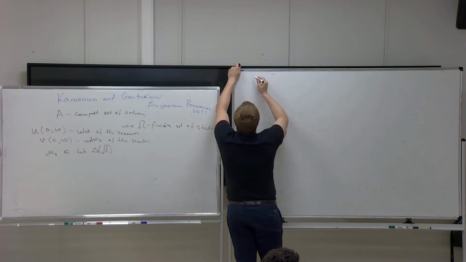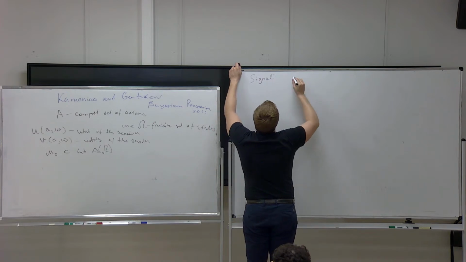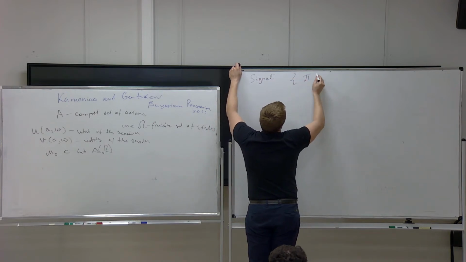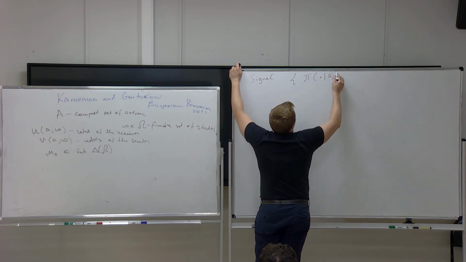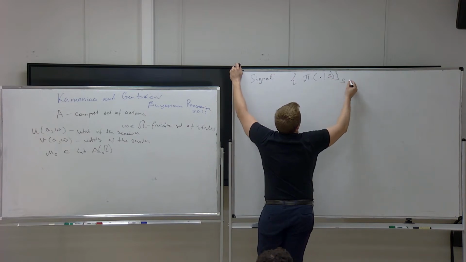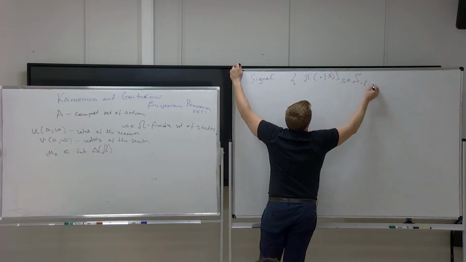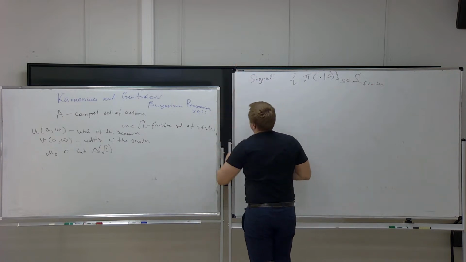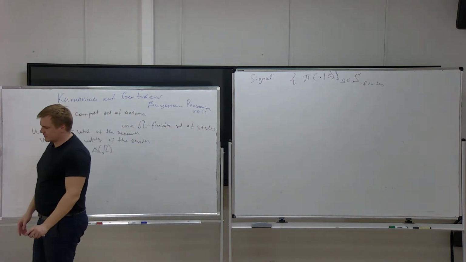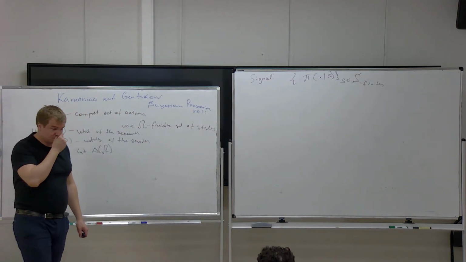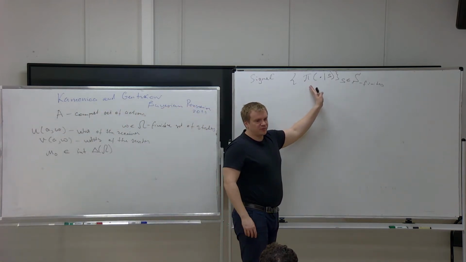So a signal is a tuple p_s for s in large S, finite. So it's a finite set of messages the signal can generate. In our previous example we had just 2 messages, and it generated posterior beliefs.